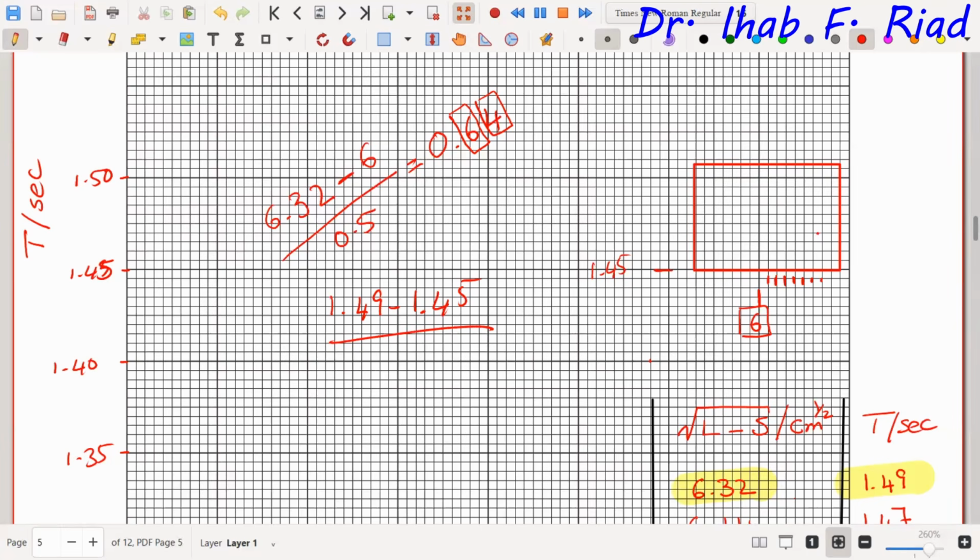No, it is not 0.5. Look at it again. 0.05.